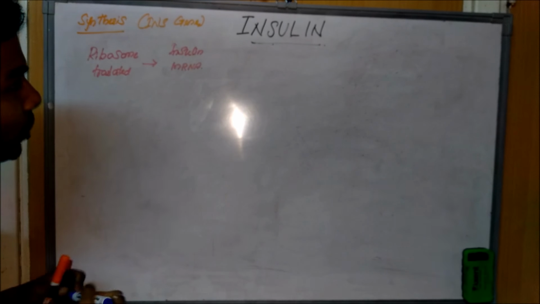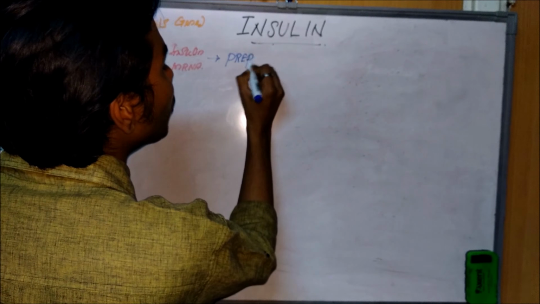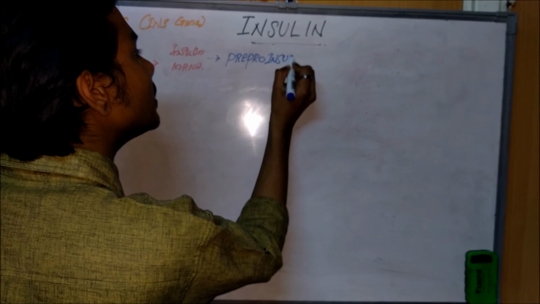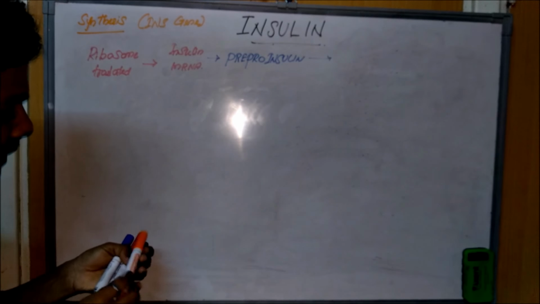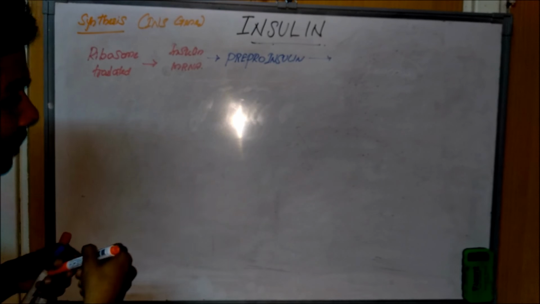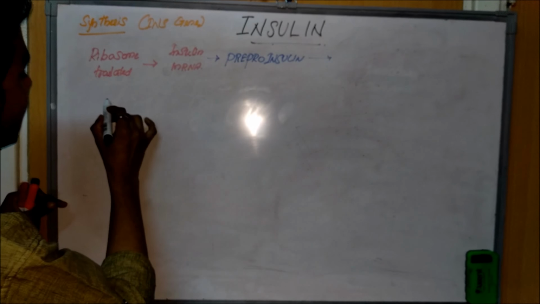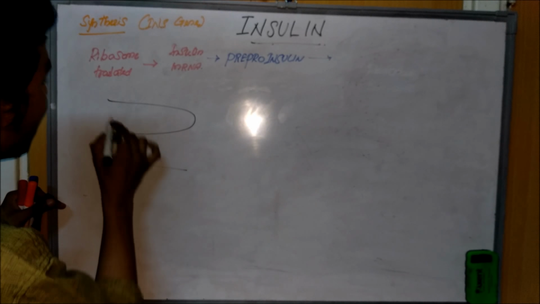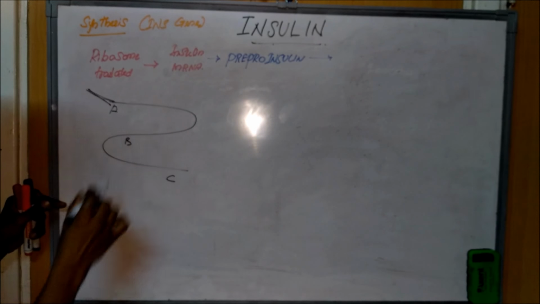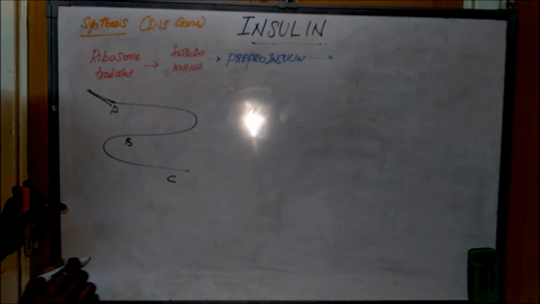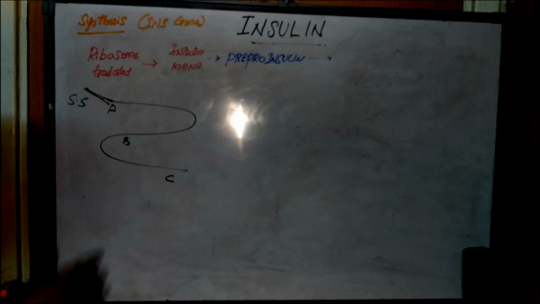This translated product is called preproinsulin. It has three chains, A, B and C, and a signal sequence attached to the A chain.